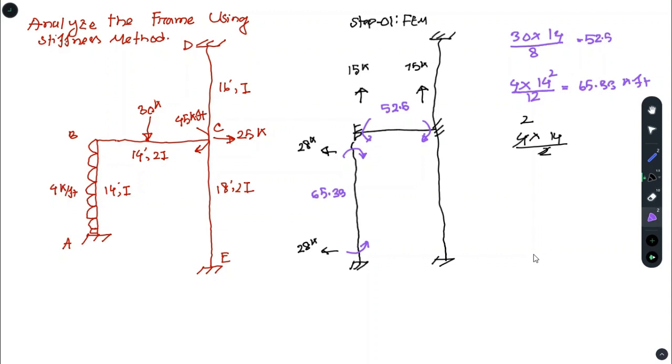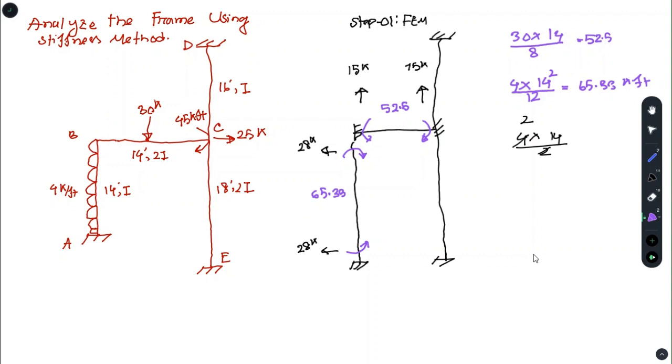Our next step is to find out the number of DOFs, and we'll apply each DOF one by one. Before that, we have to figure out how many DOFs can be applied. At point A, no DOF can be applied. Horizontal, vertical, or rotation, nothing is possible at points A, E, and D. But at B and C, we can apply a DOF.